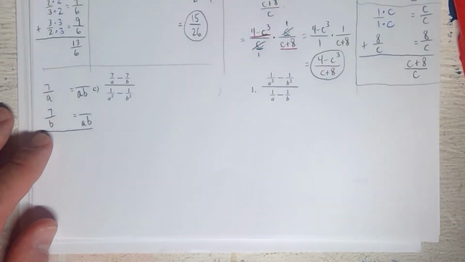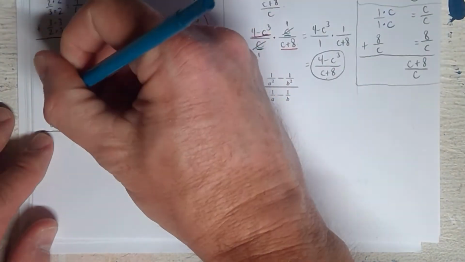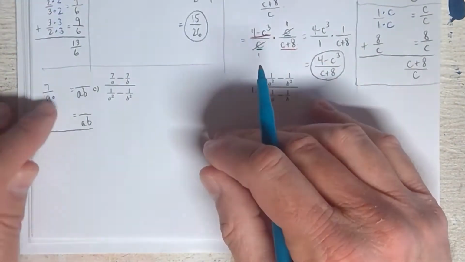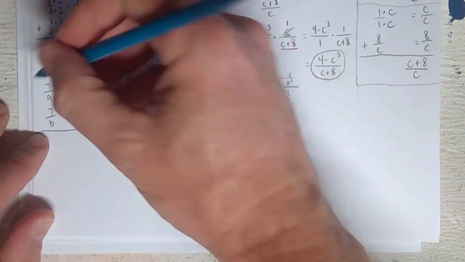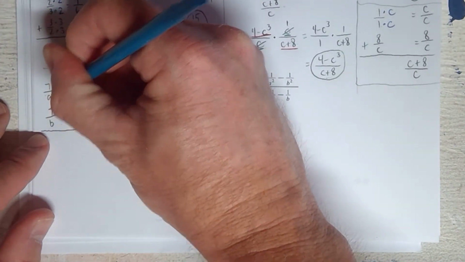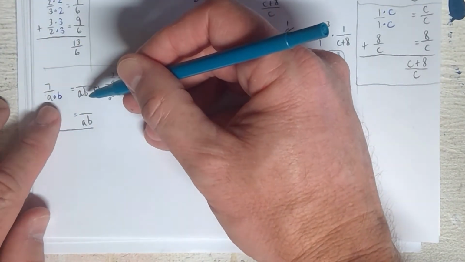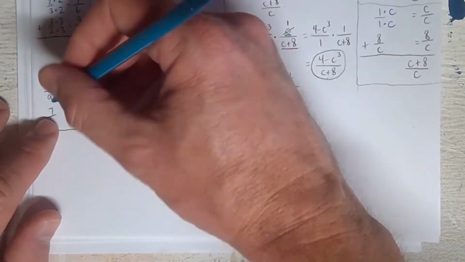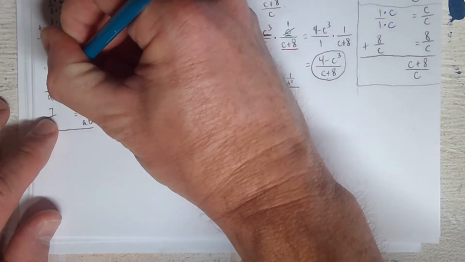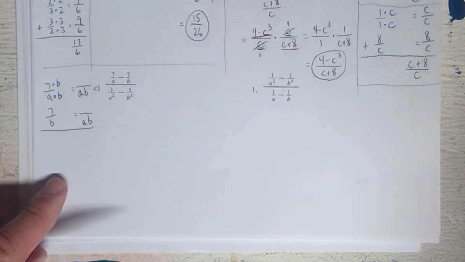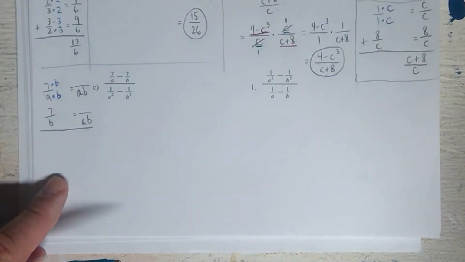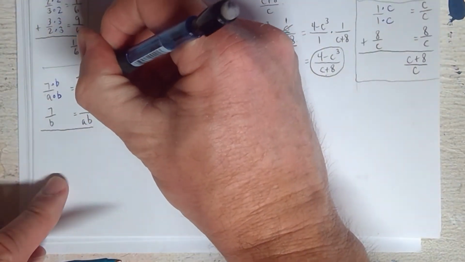What do we got to multiply by? Well, in order to go from a to a times b, wouldn't it make sense to just multiply by b? Because a times b is just that. You already had a there, so we multiply by b. So we multiply the top by the same thing, and we get 7b.